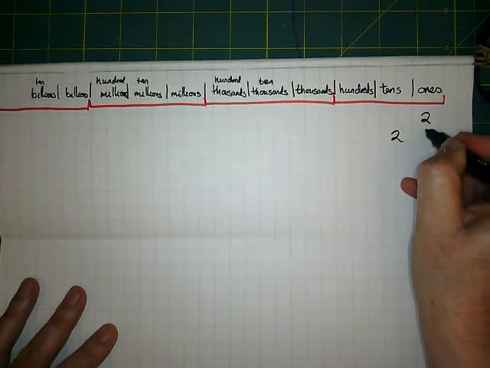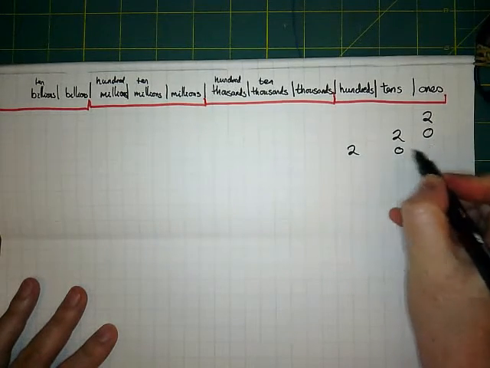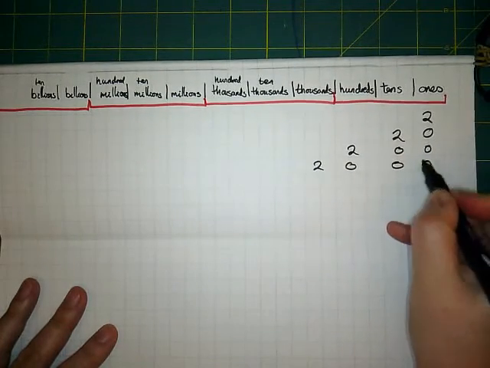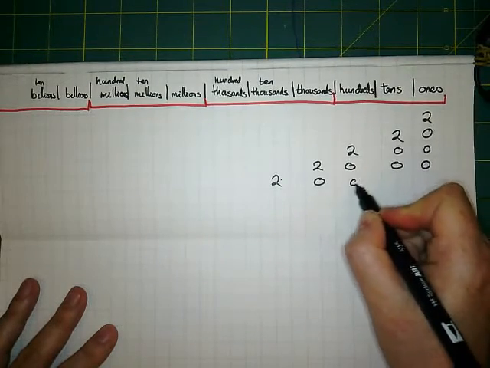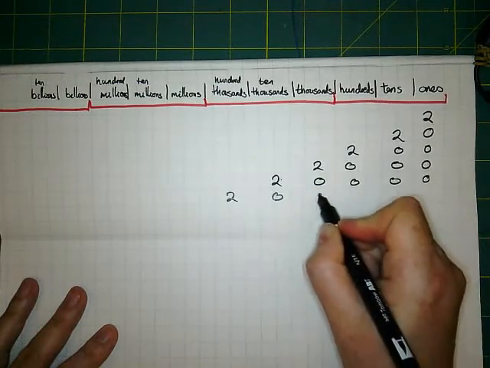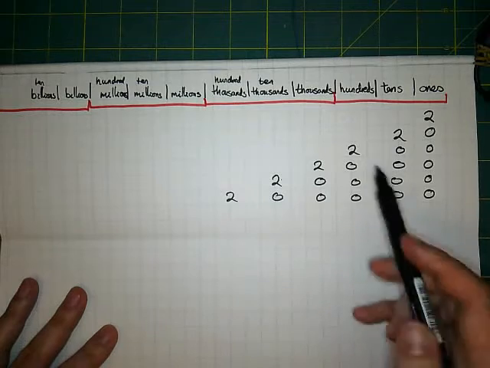Here, I have 20. 200, 2,000. But then it's 20,000, 200,000. So it's following that pattern.